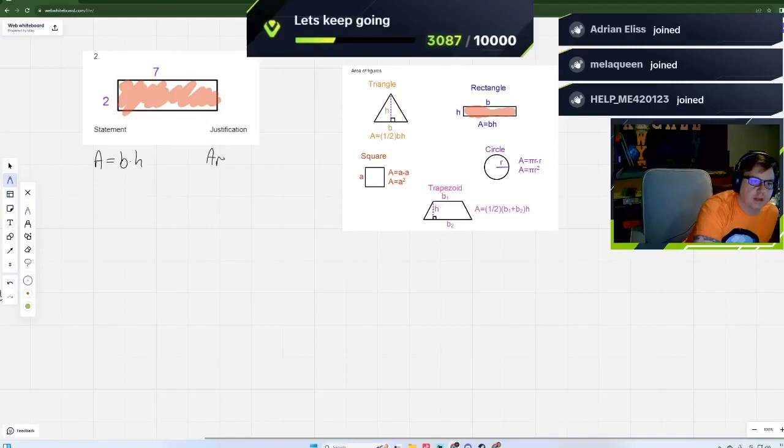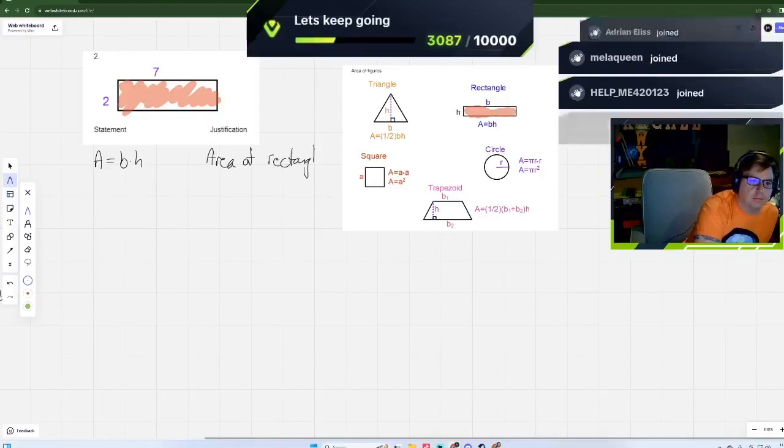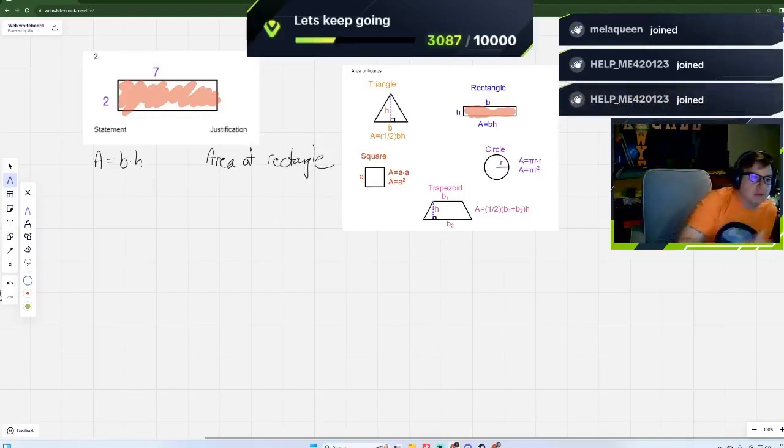And this is the area of a rectangle. Okay. So usually if the box is sitting upright, you would consider this side right here. You consider that the height.